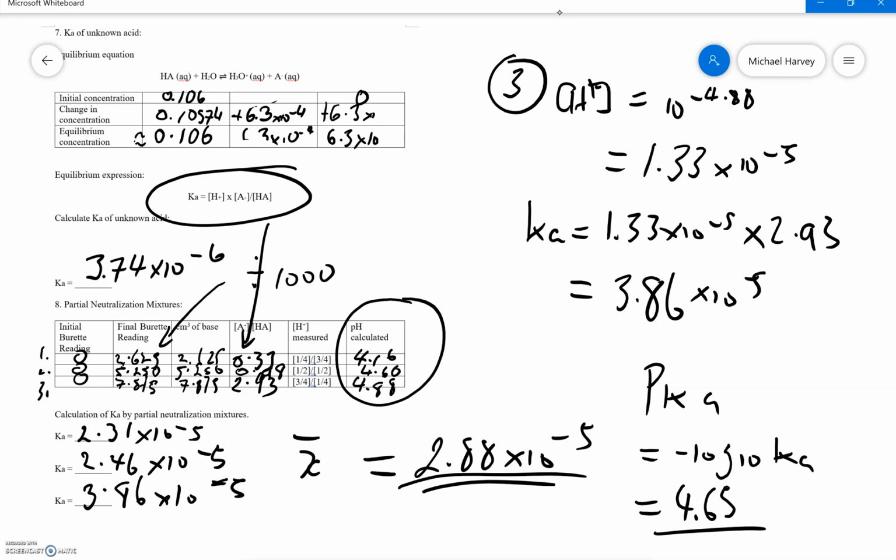If we look at our tables in our data booklet, you'll see that corresponds to the pKa of ethanoic acid or vinegar, which is what you should have determined as a class that the acid was. So that's pretty much how you do the determination of Ka, both from the equilibrium method and for the partial neutralization method, and you can probably determine which is more precise.